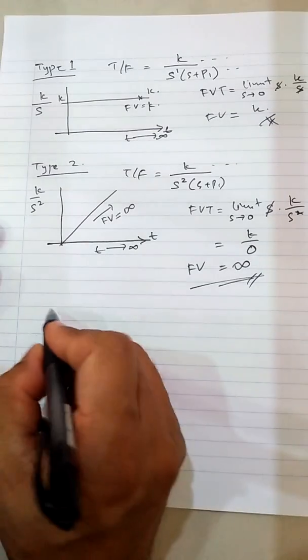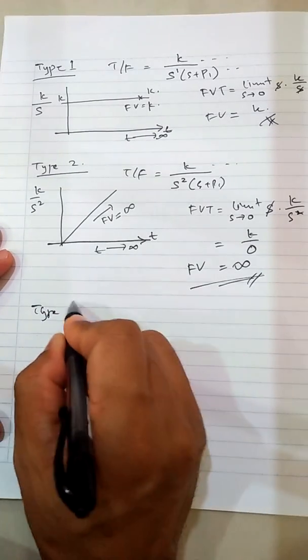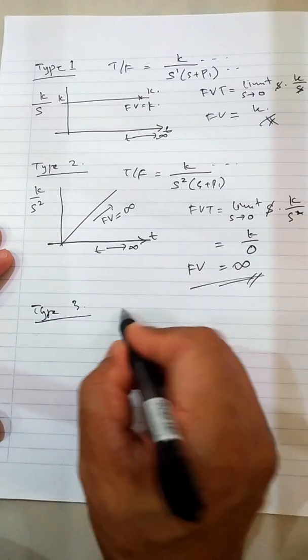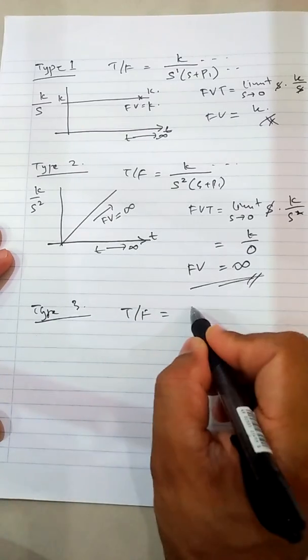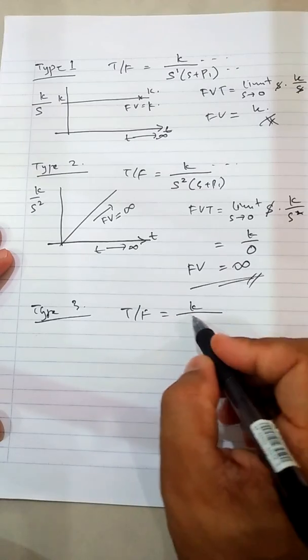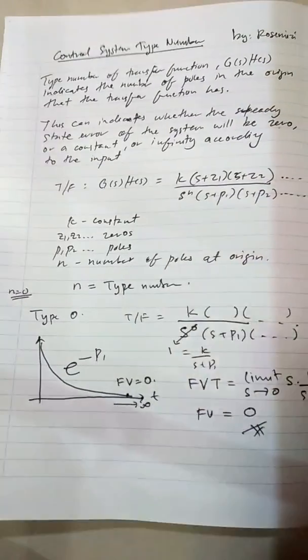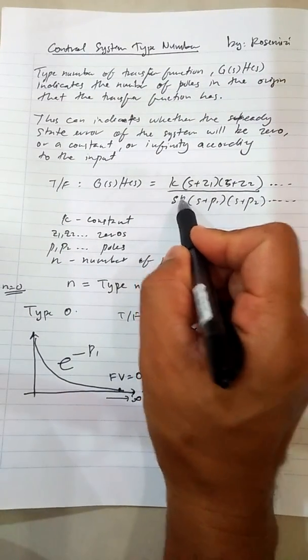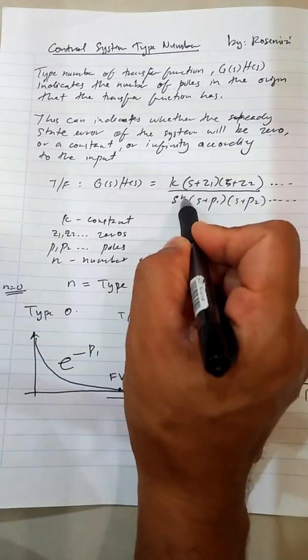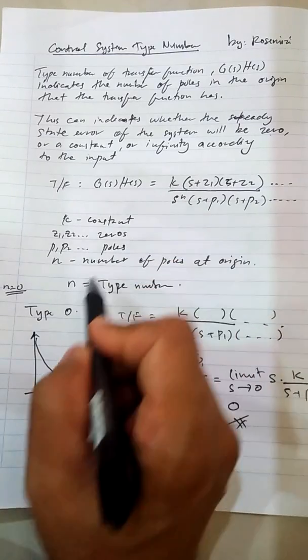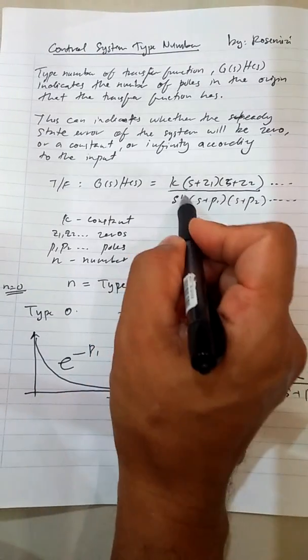For type number 3, just replace our transfer function with K over s^3 (s+P1), where n is the number of poles at the origin.